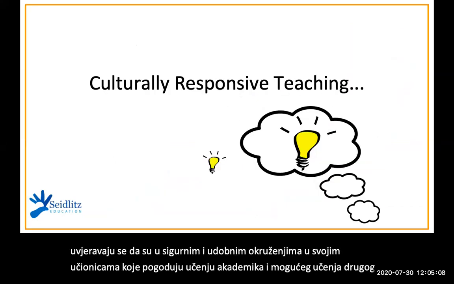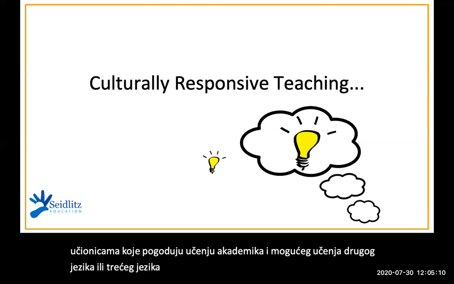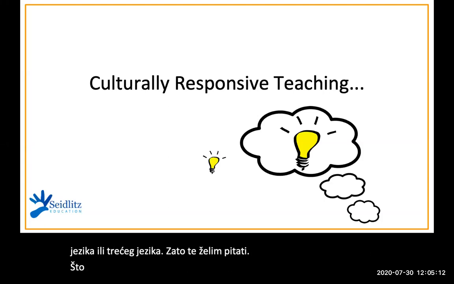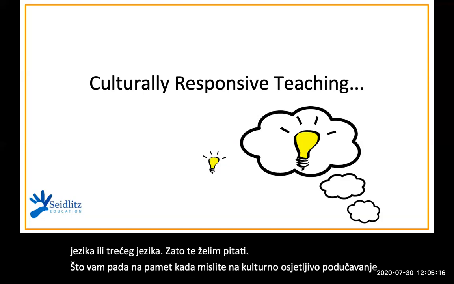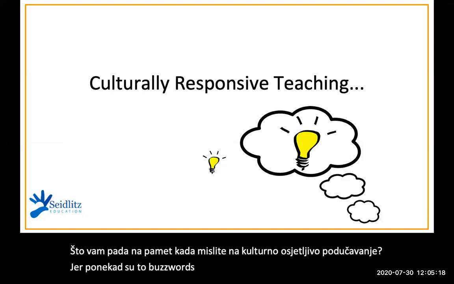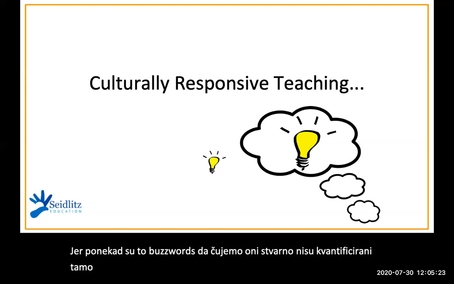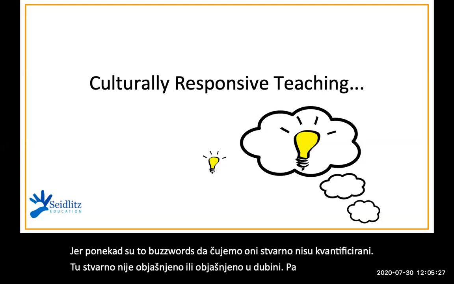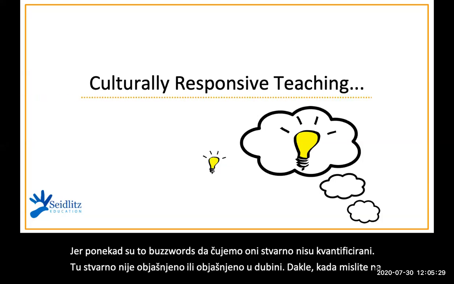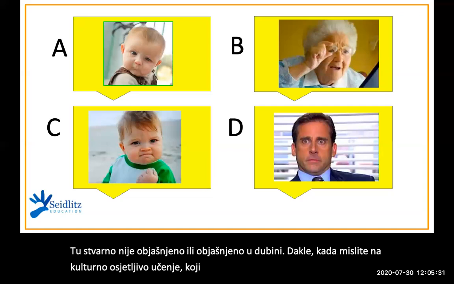So I want to ask you, what comes to your mind when you think of culturally responsive teaching? Because sometimes these are buzzwords that we hear and they're really not quantified. They're really not explained or discussed in depth. So when you think of culturally responsive teaching, which of these images comes to your mind?